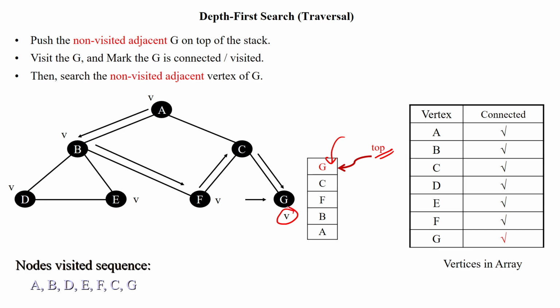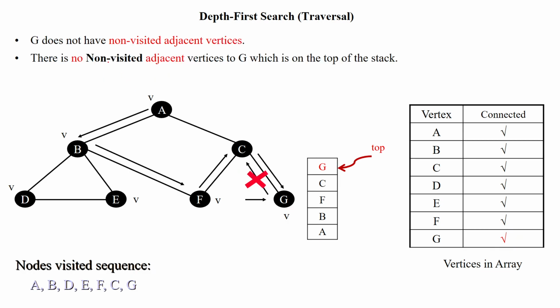It is marked as visited in the visited sequence and as connected in the reference table. Then find the adjacent nodes of G. C is an adjacent node, but it is already visited, so G does not have any unvisited adjacent nodes.